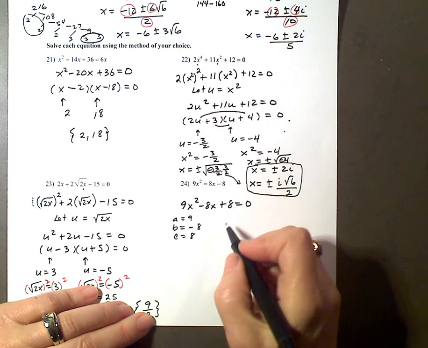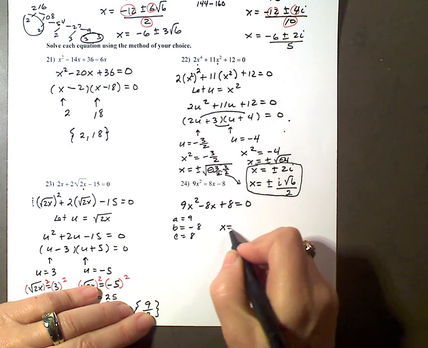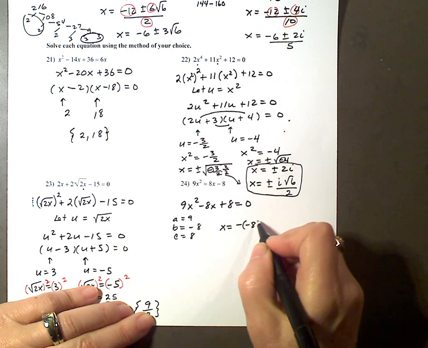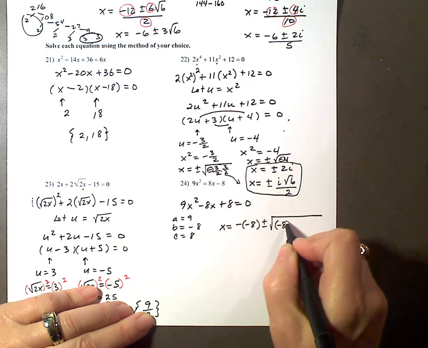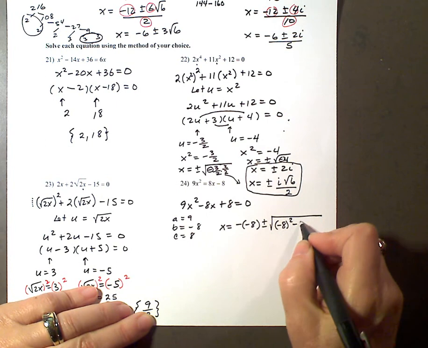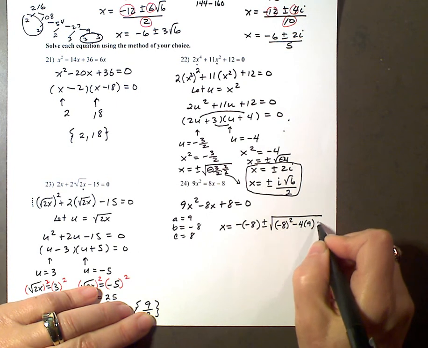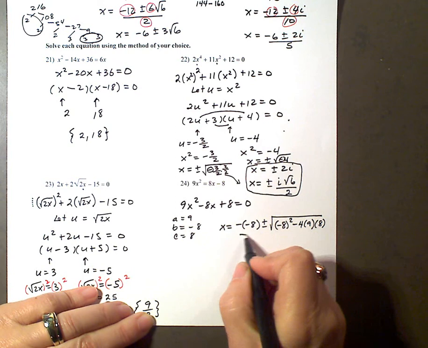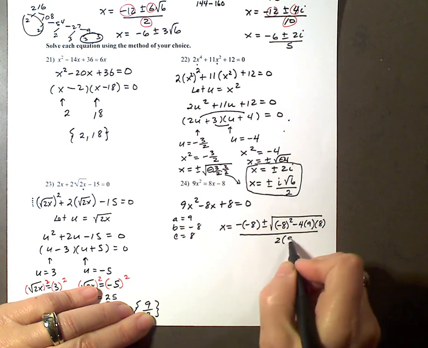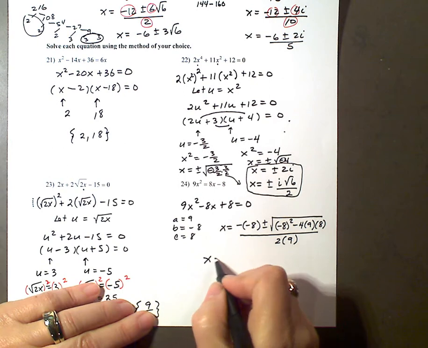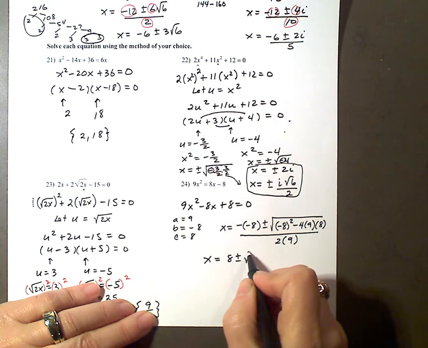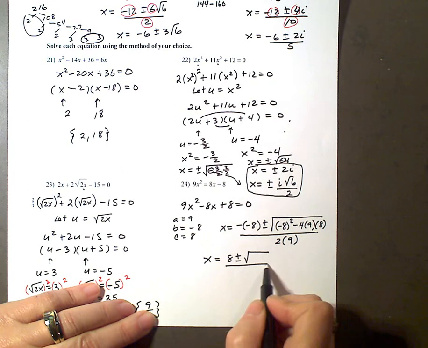So anyway, x is the opposite of negative 8 plus or minus the square root of negative 8 squared minus 4 times 9 times 8 all over 2 times 9. So x is equal to 8 plus or minus the square root of something all over 18.